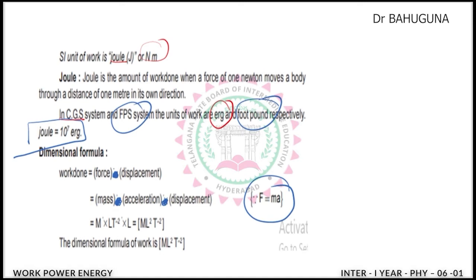What is the dimensional formula for mass? M. Dimensional formula for acceleration, LT minus 2. Displacement is L. By simplifying, it is ML square T minus 2. So the dimensional formula for work is [ML²T⁻²].